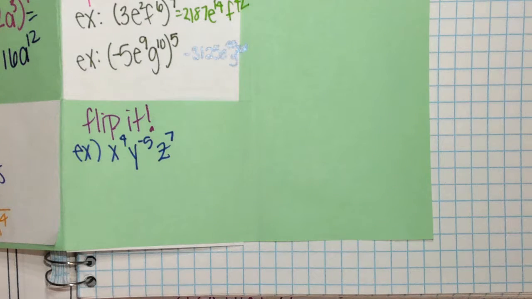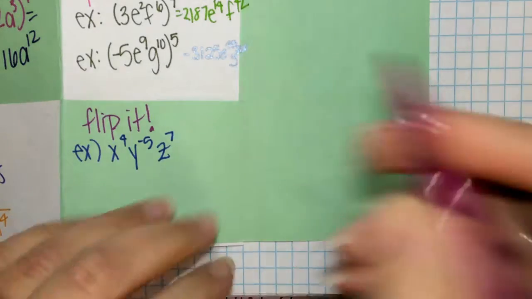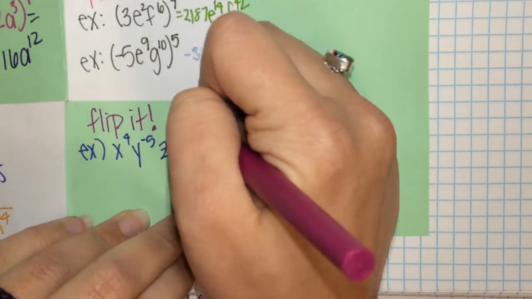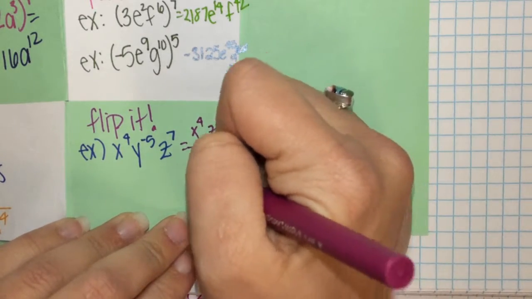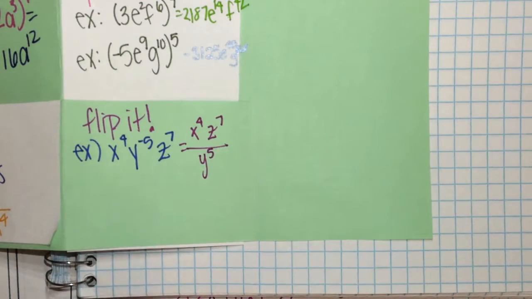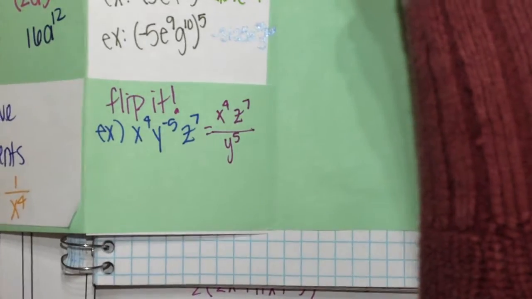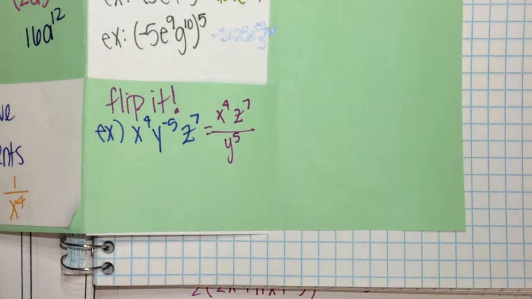Now, which one of those has the negative exponent? That is the only one that you flip, which means that x to the 4th and z to the 7th stay on top of your fraction, and y to the 5th goes to the bottom, and it becomes positive. That's it. That's all you do.